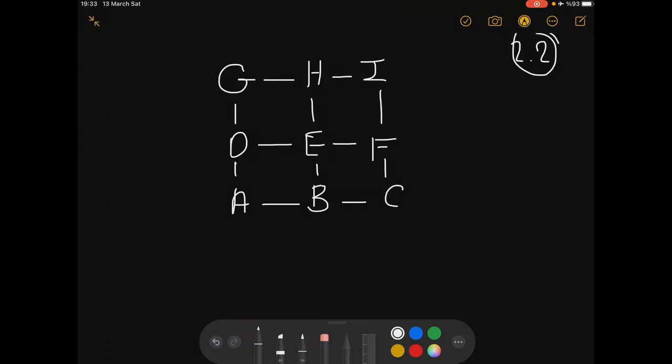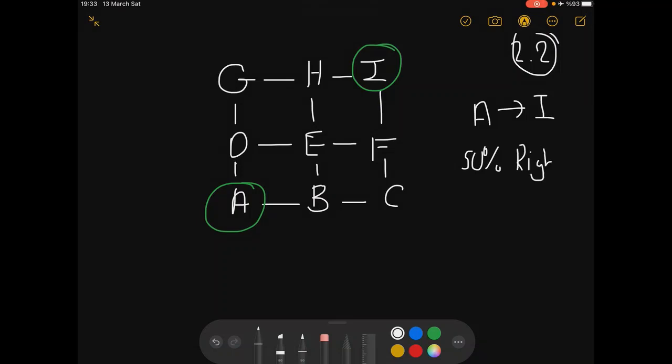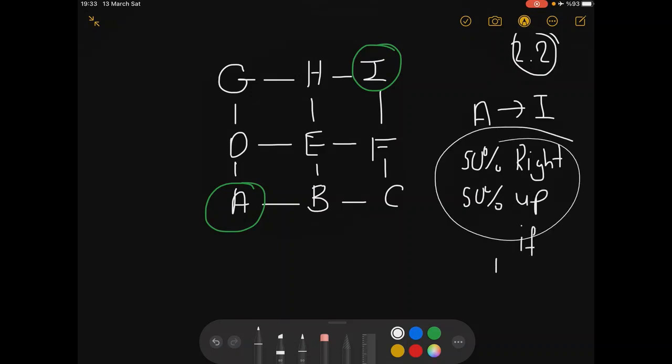What we're trying to do here is to write a computer program that takes us from A to I. We will travel within this graph. We're trying to go from A to I, but we do two things here. With 50% possibility we go right, or with 50% possibility we go up, if we need to make a decision.